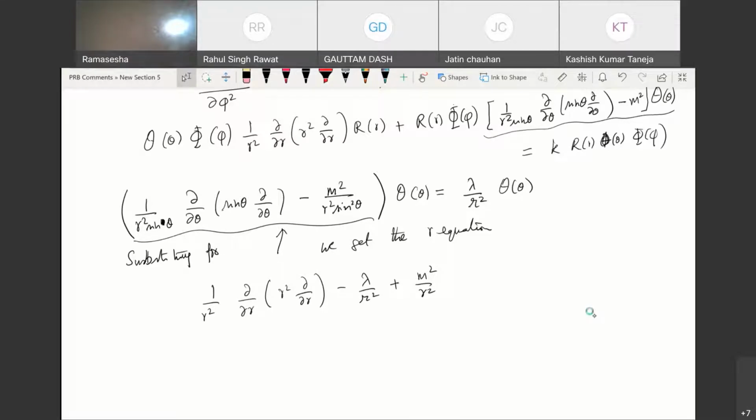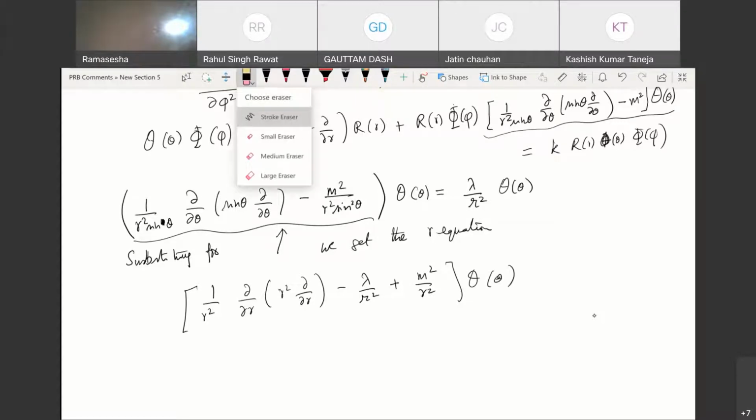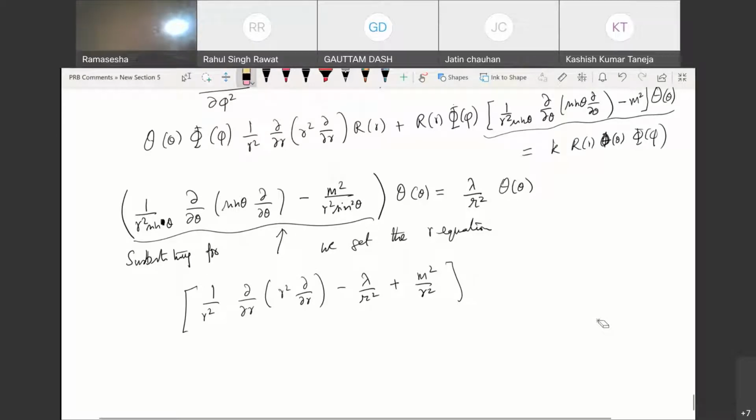Okay, so this and Theta of theta, this multiplied by R of r should be equal to some k times R. Okay, so this is what we really have to solve. So this is a radial equation.